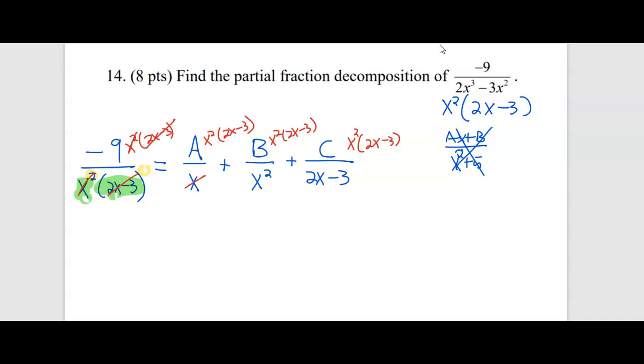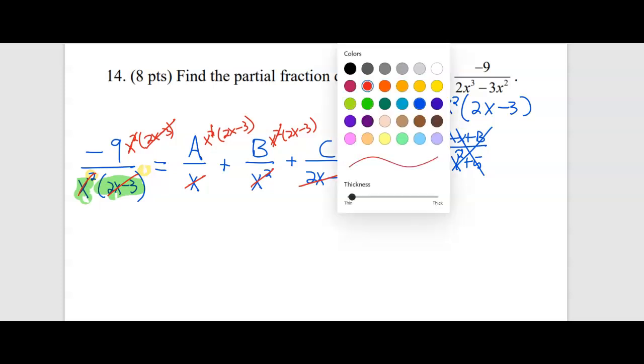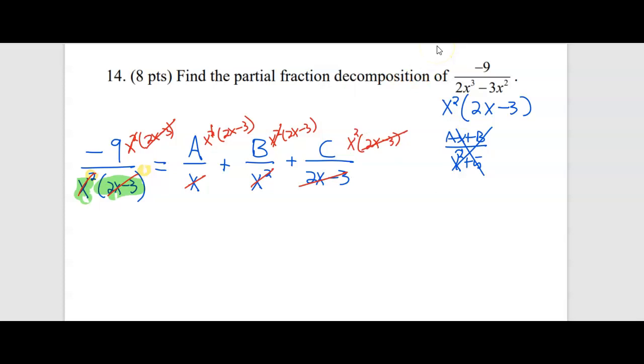In the second one, the x's reduce. In the third one, the x squareds reduce. And in the last one, the 2x minus 3 reduces. This gives us the result, negative 9 equals ax times 2x minus 3 plus b times 2x minus 3 plus c x squared.